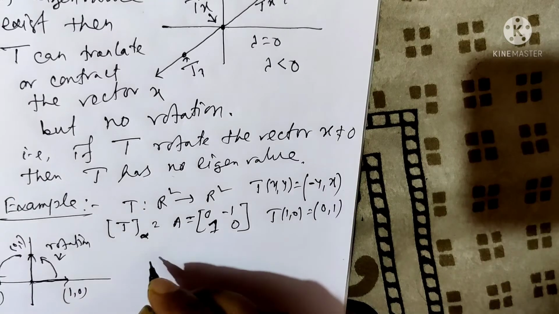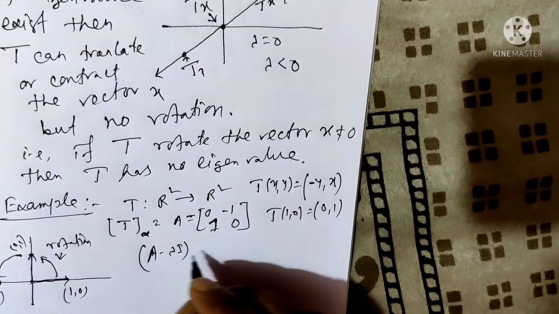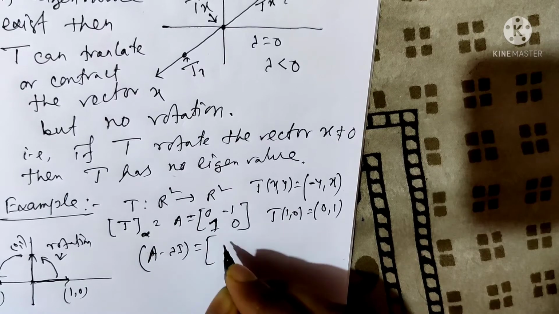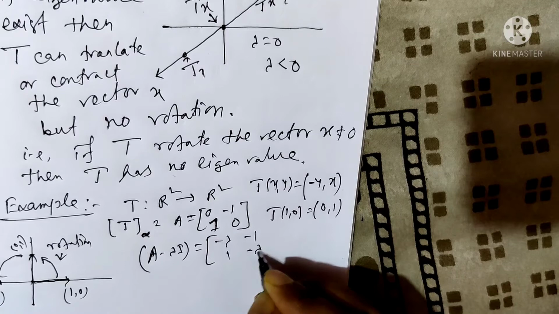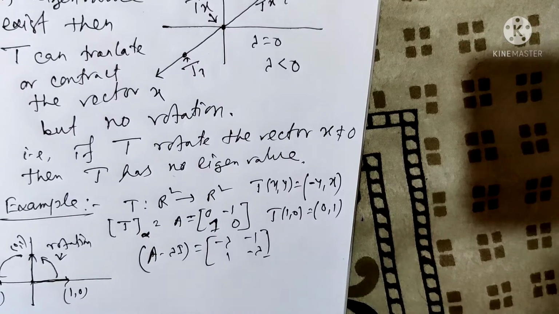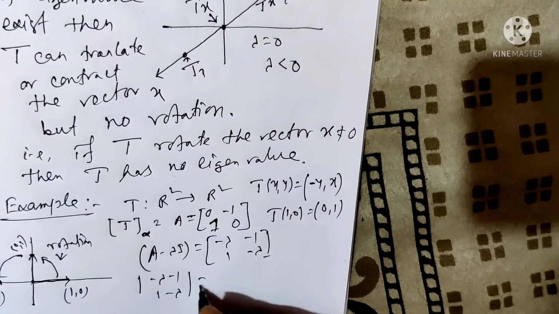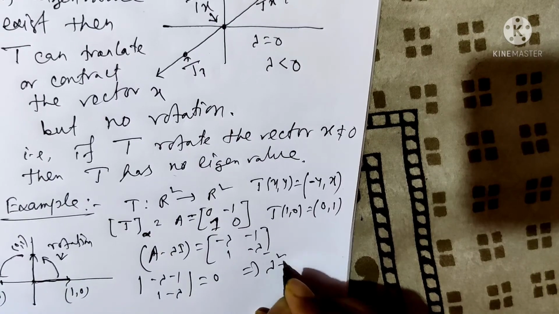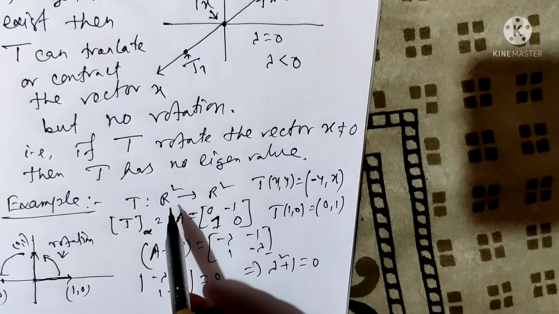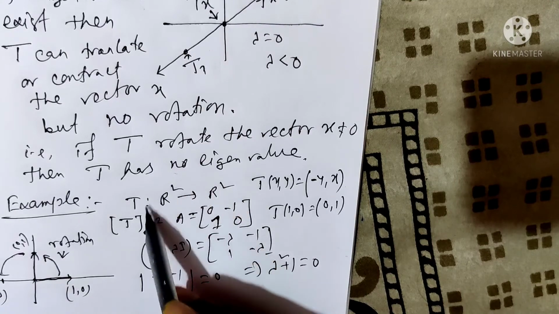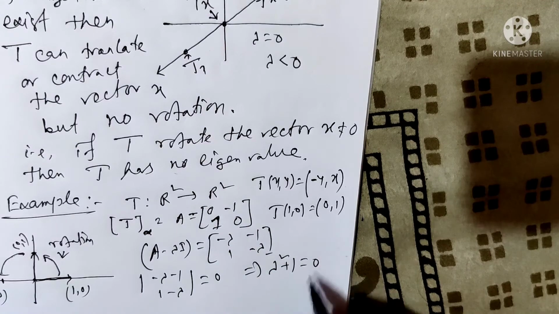Let's see. A minus lambda I equals the matrix with rows minus lambda, minus 1 and 1, minus lambda. Determinant equals 0 implies lambda square plus 1 equals 0. Since this is over the real field, this is not factorizable.